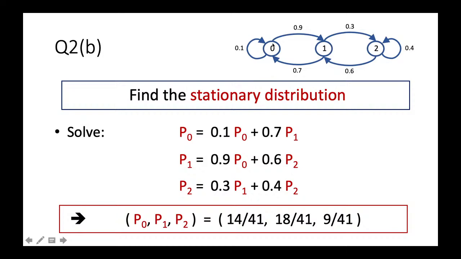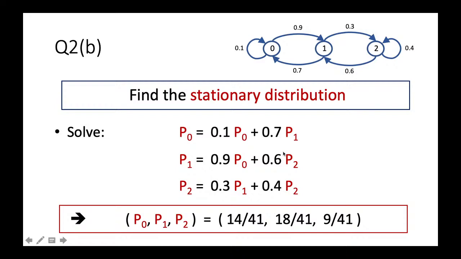In the next state, the chance that we come back to P0 could be either from P0 going back to itself, or from state 1. And because it is stationary, it should be equal to P0. So we will have P0 equal to 0.1 times P0 plus 0.7 times P1. And similarly, we have this one and this one.